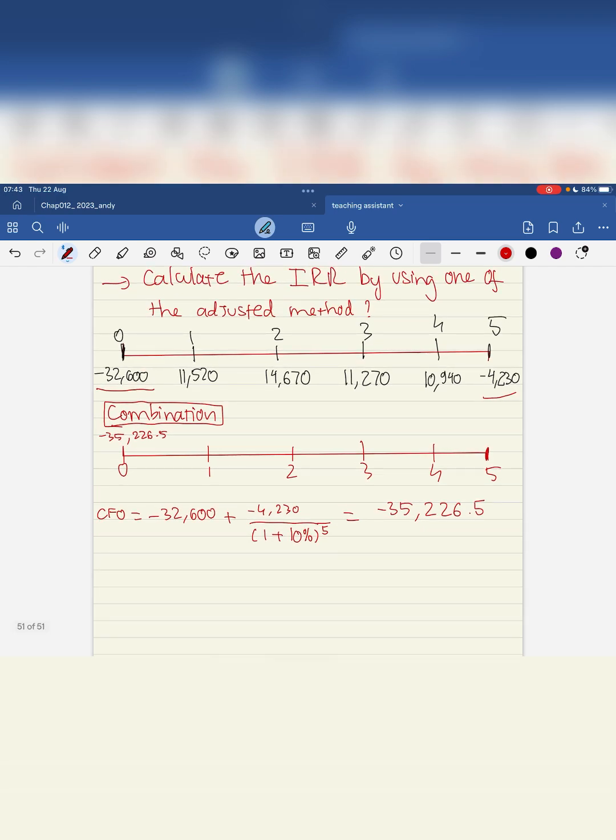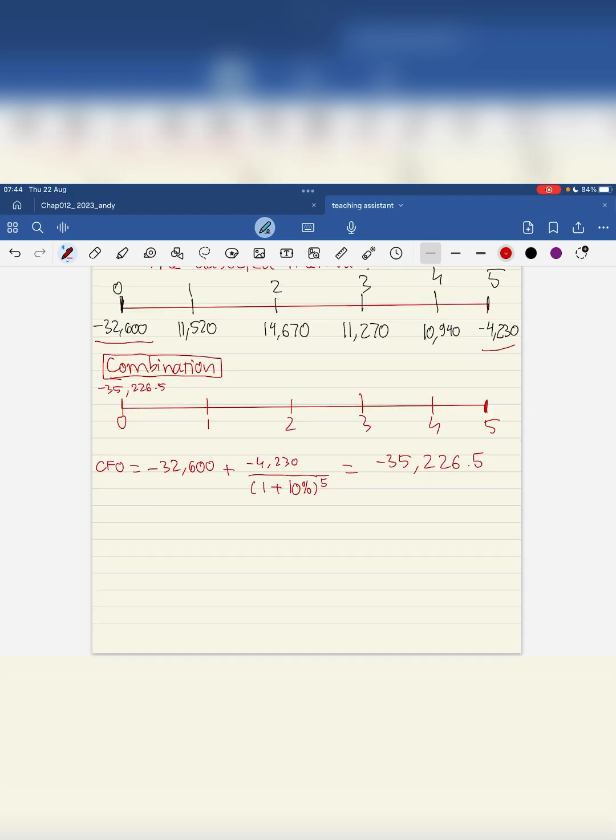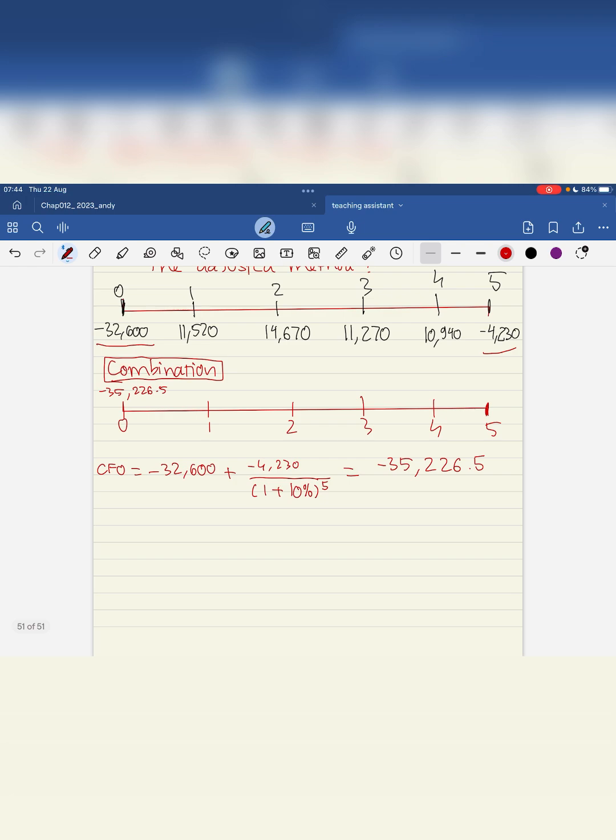The second step is to calculate the future value of every cash inflow toward the end of the period, which is year number 5. To do so, we have this formula. So our new CF5 will be equal to 11,520, which is the cash flow in year 1, times 1 plus 0.1 to the power of 4.